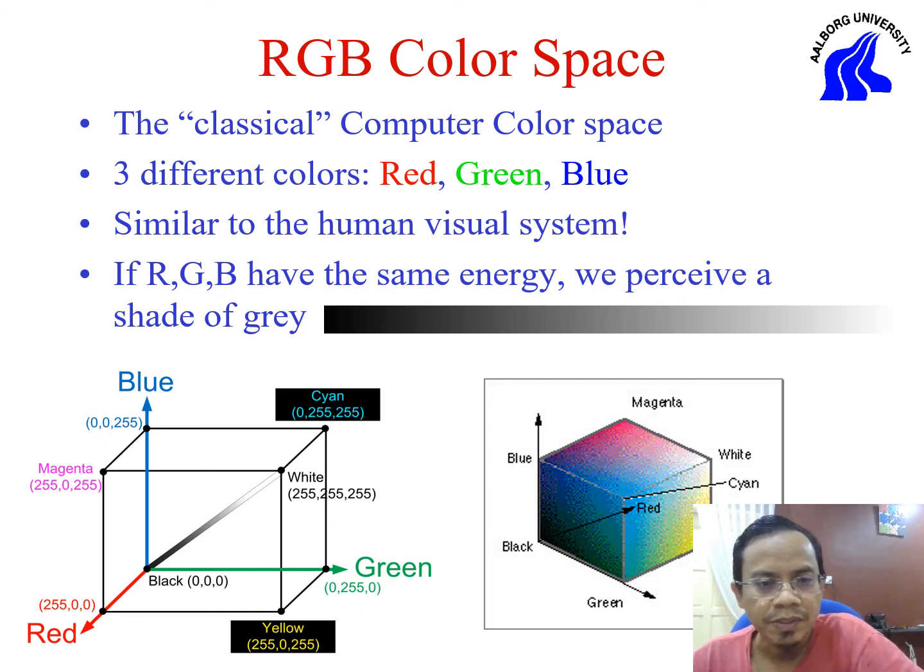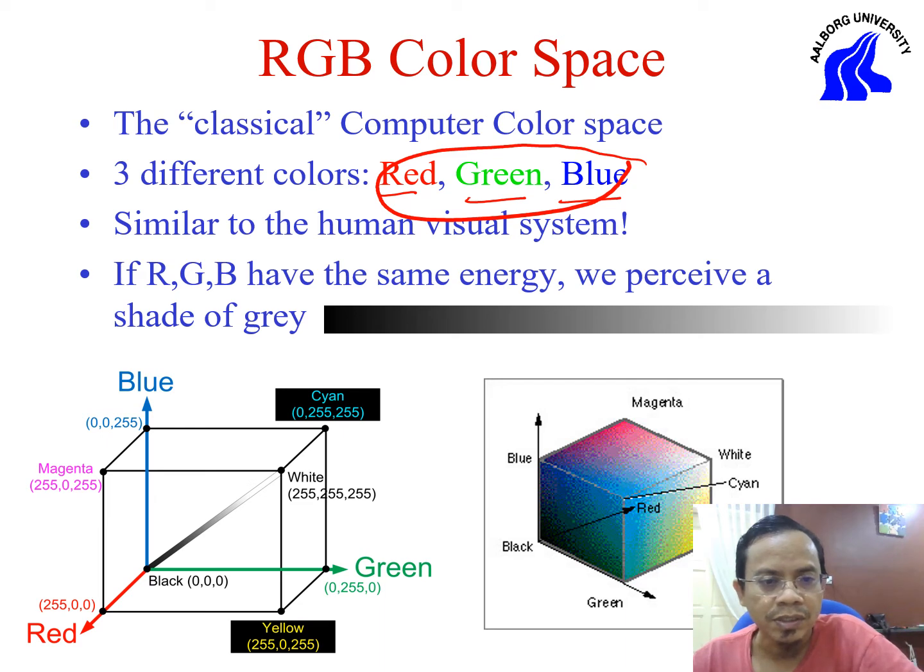If you still remember, in chapter 2 we learned image formation. We have RGB, right? Color space RGB. R represents red, G is green, B is blue. So a combination of these three, red, green, and blue, gives you a color image.